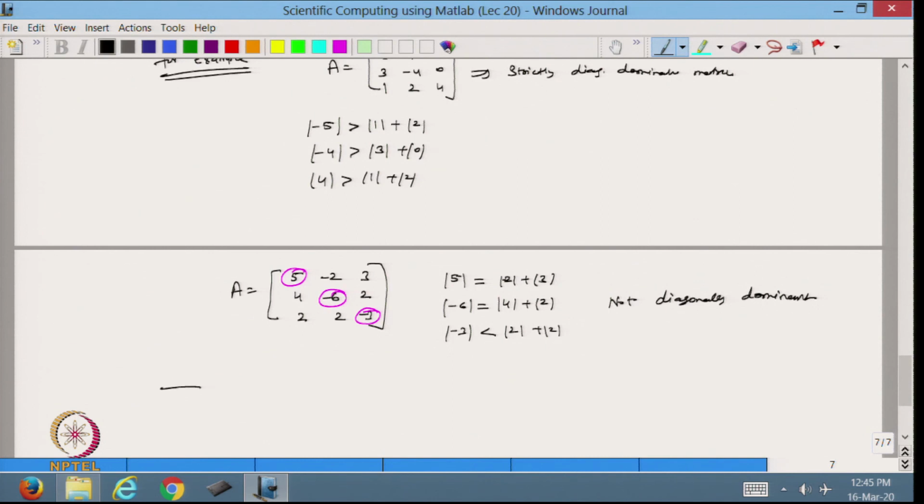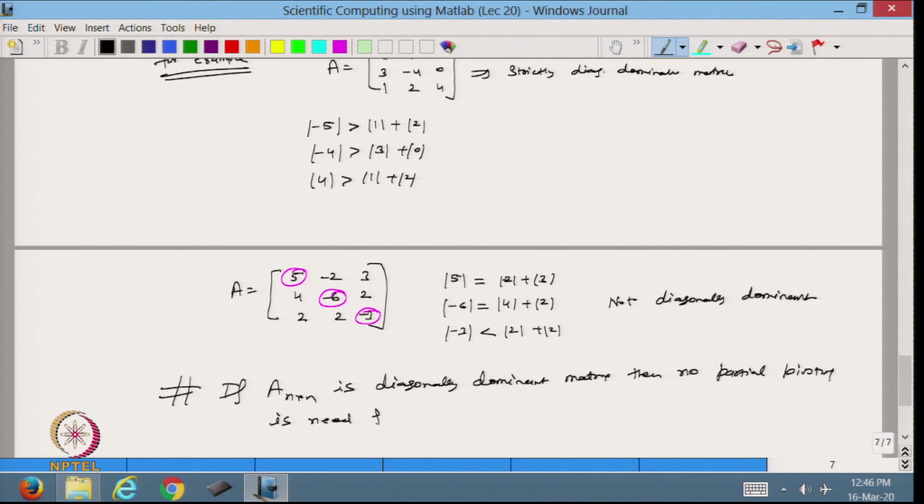So, from here I can make a statement that if A, n cross n, is a diagonally dominant matrix, then no partial pivoting is needed for Gauss elimination.